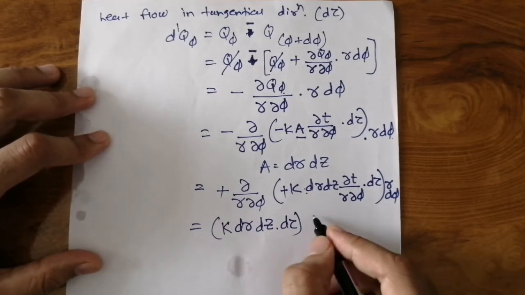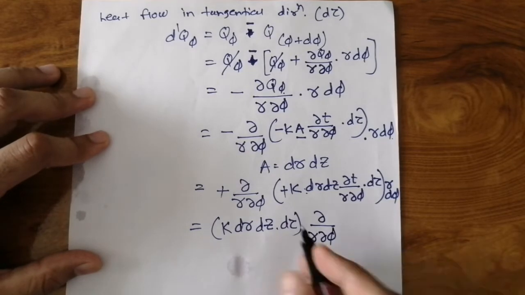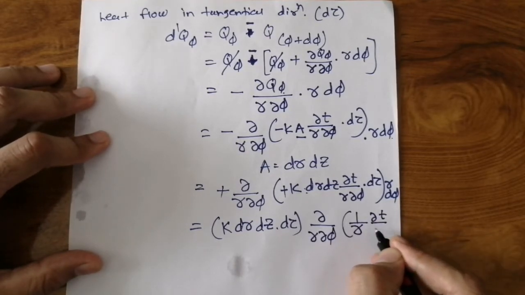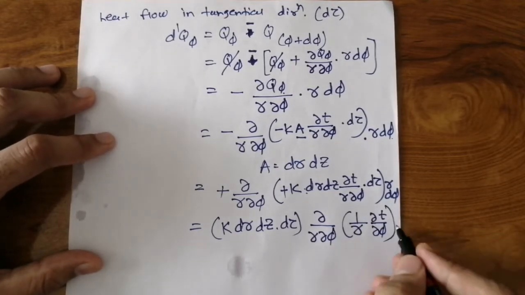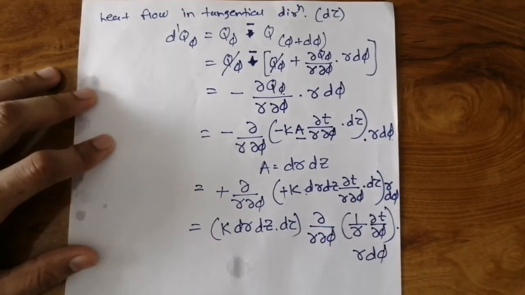Inside the bracket will be del by r del 5, then 1 upon r del T by del 5 into the remaining r d5.